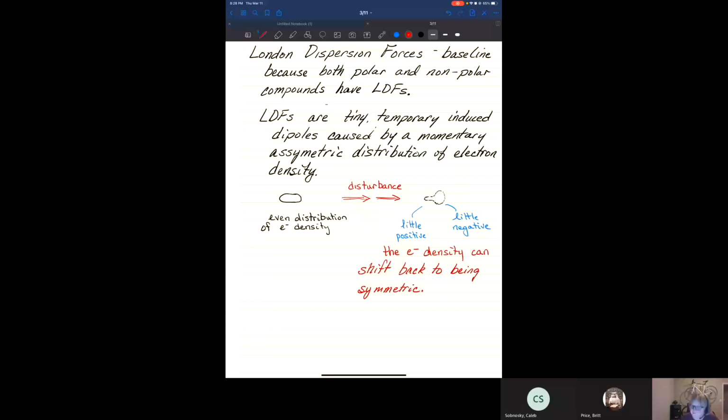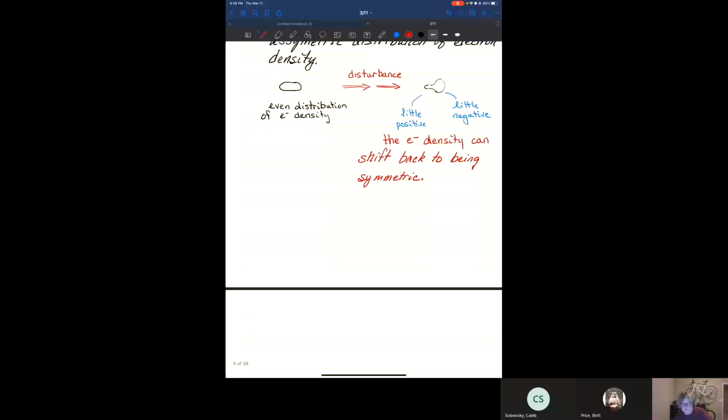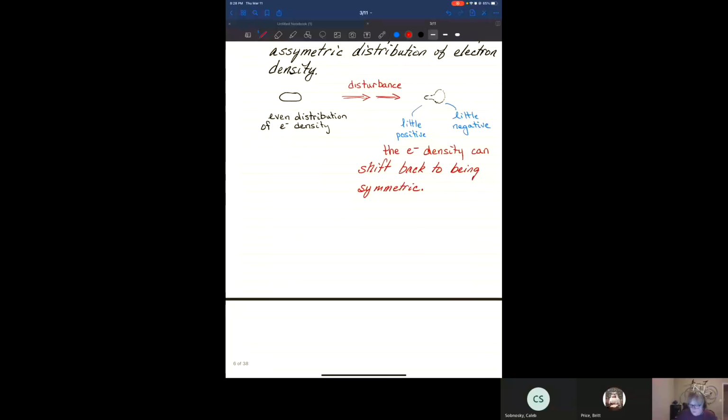So because it has this ability to shift one way or another, we can end up with that asymmetry, that tiny, tiny little dipole. That little separation of charge, that's what leads to attraction between the two molecules.